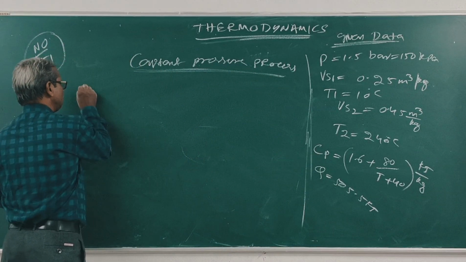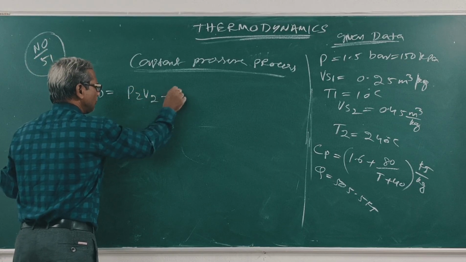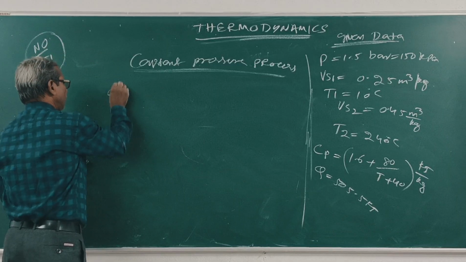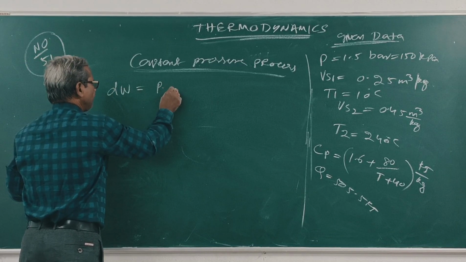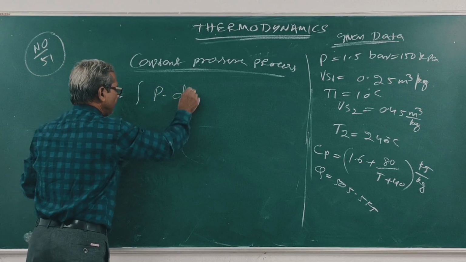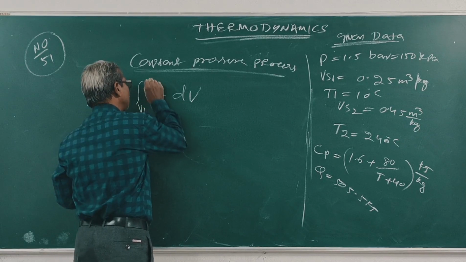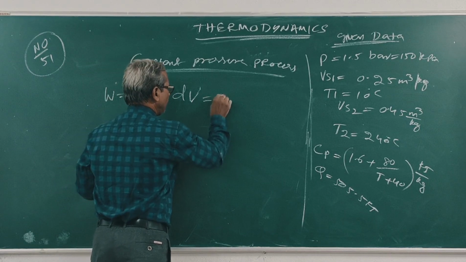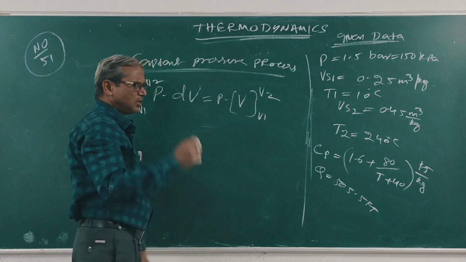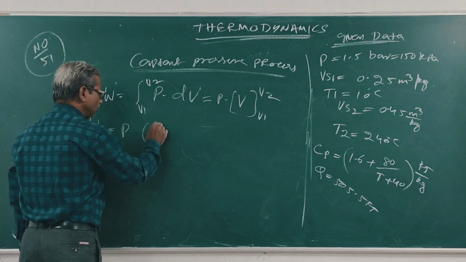Work done. Work done dW is equal to P dV, or W is equal to integration of P dV. Clear? V1 to V2. This will be P into V, limit V1 to V2. Right? This W is equal to P into V2 minus V1.